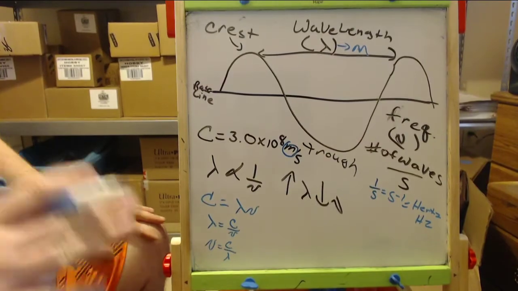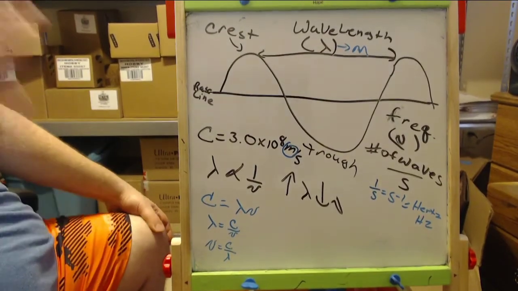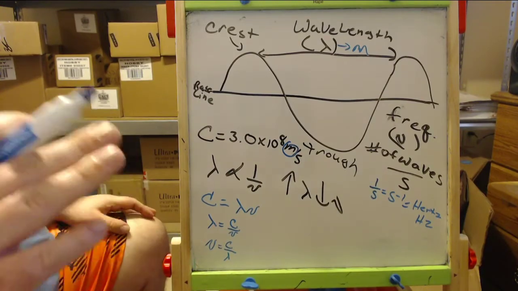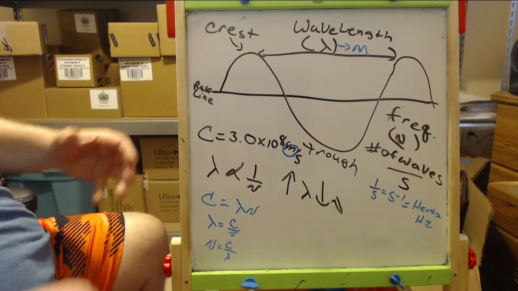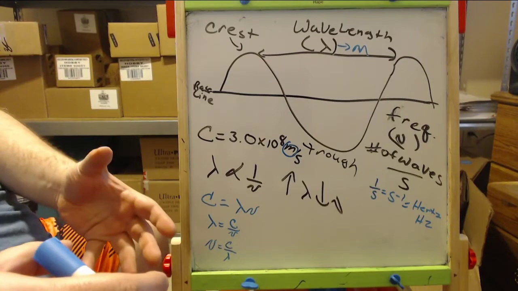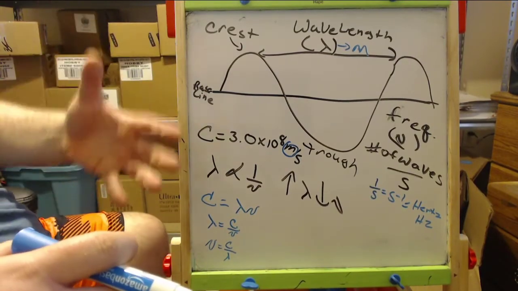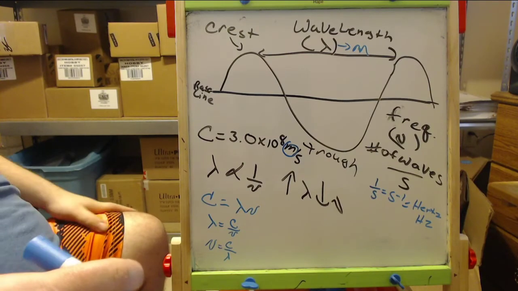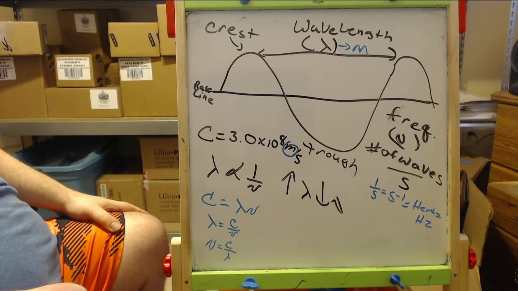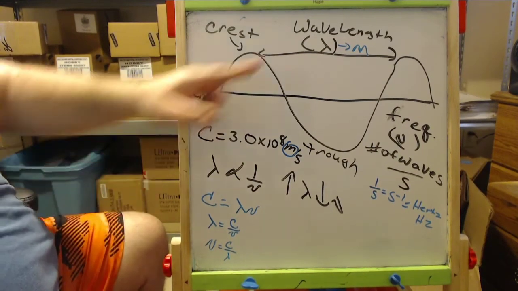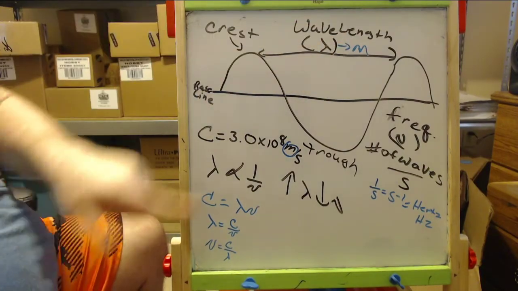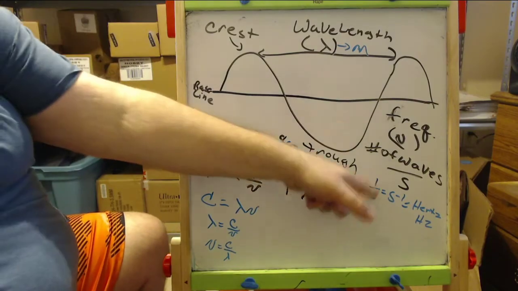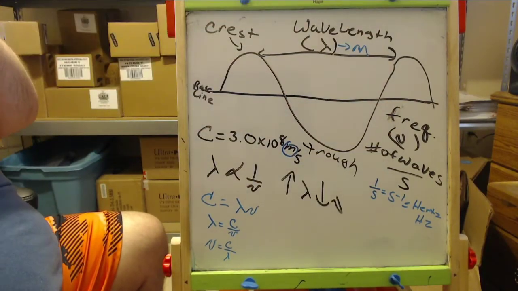A hertz is a wave per second. So if something is 500 hertz frequency, that means there's 500 waves per second. So if you were given a problem where they gave you this in centimeters and this in kilohertz, you've got to convert it to hertz and you've got to convert it to meters. Okay.